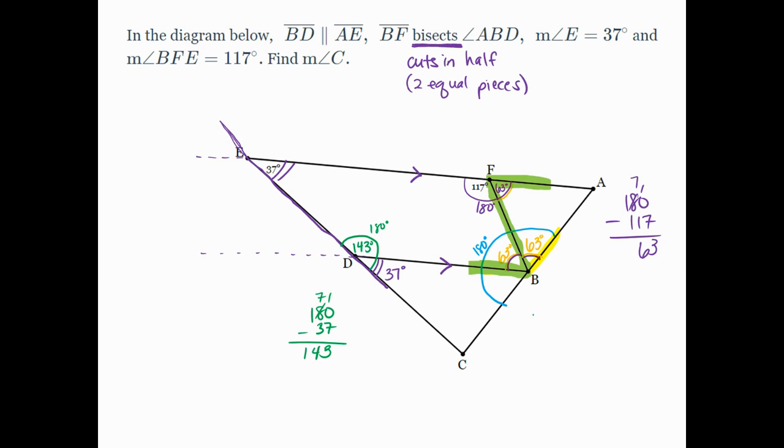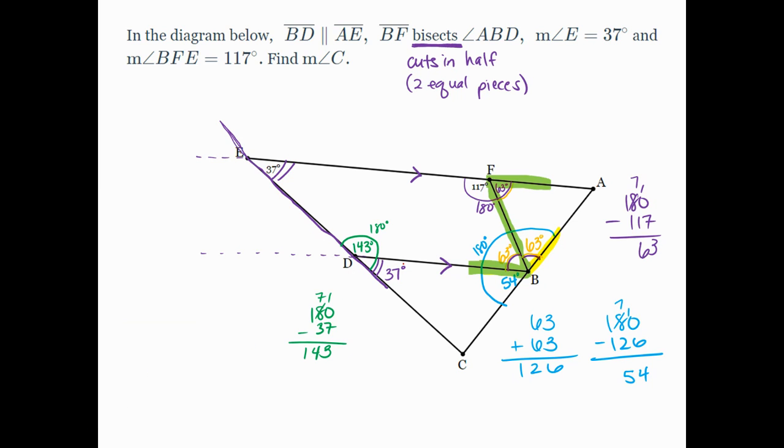I have already used up 63 and 63, so I'm going to do 63 plus 63, which is 126, and subtract that from 180. And looks like 54 degrees. So my leftover piece is 54 degrees.